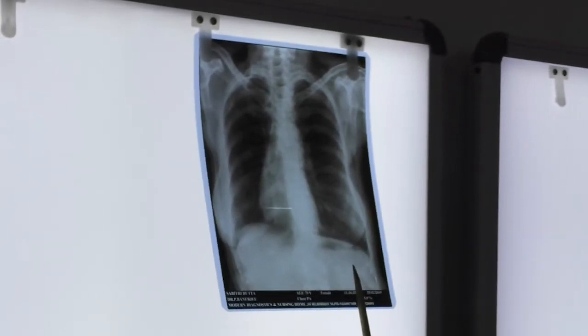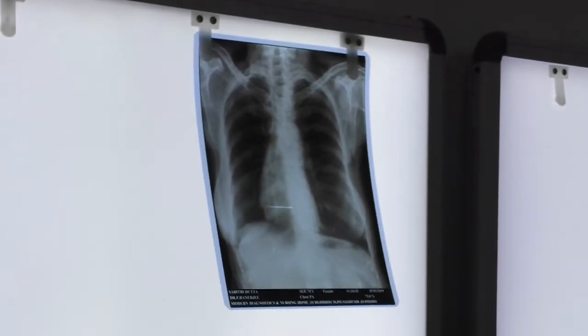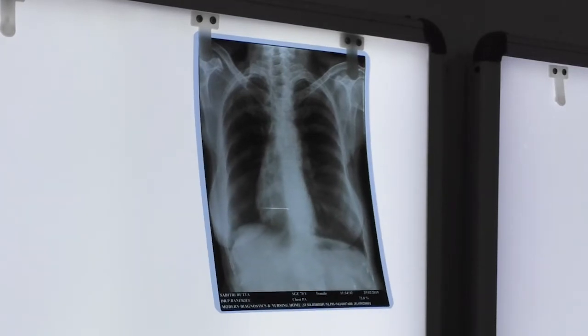That means the light source is behind the patient and the film is placed in front. In the other one, the AP view, the anteroposterior view, the light source remains in front and the film is behind.